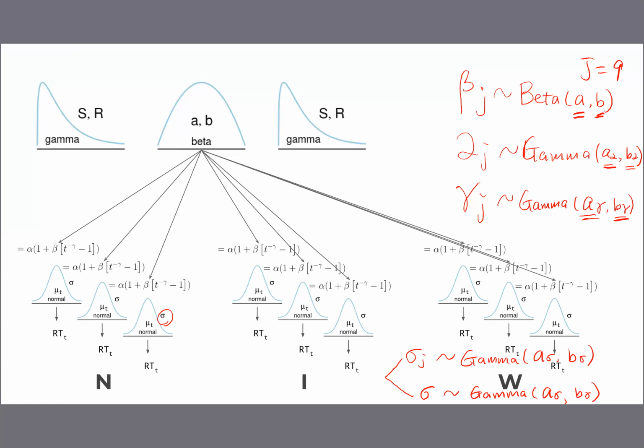These are different assumptions. In this case, if you do approach 1, then you're going to have 9 more parameters to add to your model, and then 2 more hyperparameters. Whereas if you go with approach number 2, then sigma will be functioning the way that we have been seeing.